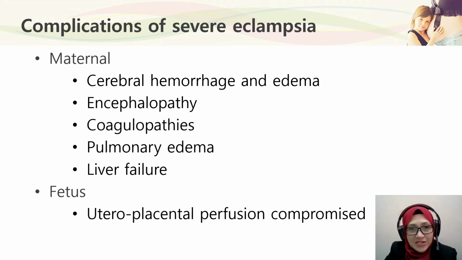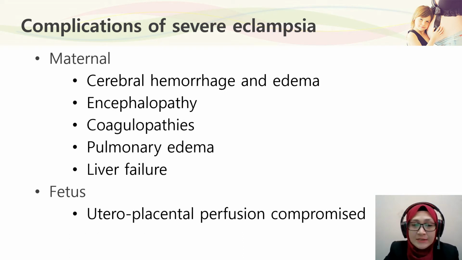So the complications of severe eclampsia can be quite dangerous for the mother, especially because she could have cerebral hemorrhage or cerebral edema, encephalopathy, coagulopathies, or pulmonary edema, and all of these conditions are life-threatening. Or she could also have liver failure.